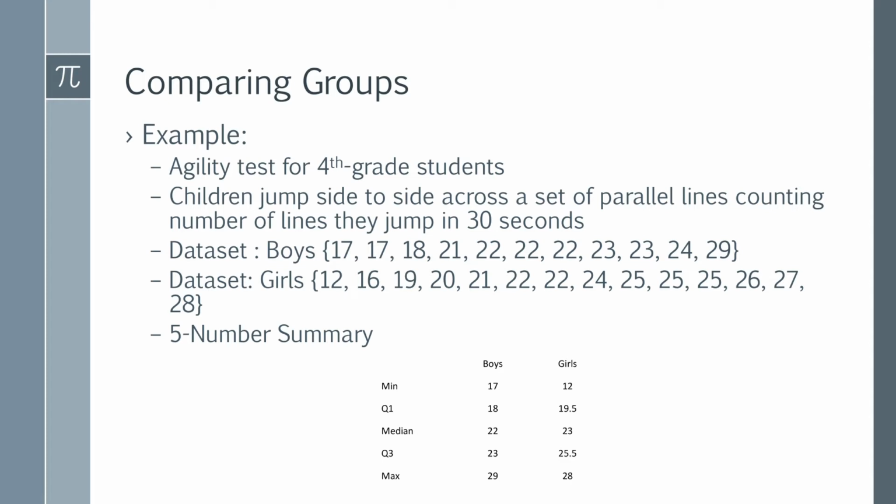So now I have a 5-number summary, but I have it broken out by boys and girls. So if we look at it here, we can see that the minimum value for boys was 17. For girls, it was 12. We've got a median for boys of 22 and a median for girls of 23. And then a max for boys of 29 and a max for girls of 28.